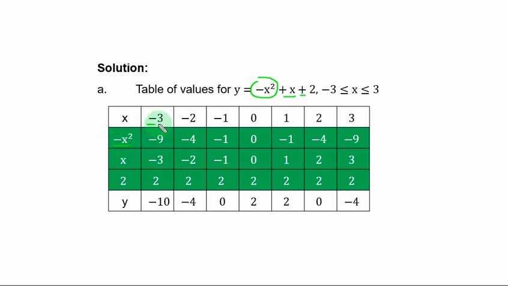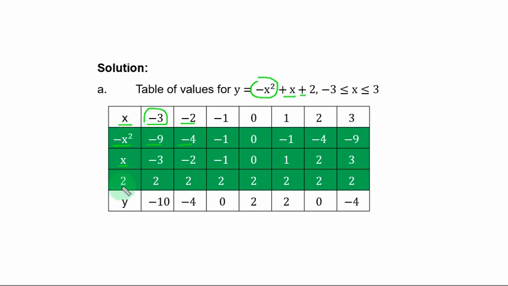If you square minus 3, you have 9. Then 9 times minus becomes minus 9. So you square before the minus sign multiplies. If you square minus 2, you have 4, times minus, you have minus 4, and so on. The s value remains the same. Now 2 is a constant.